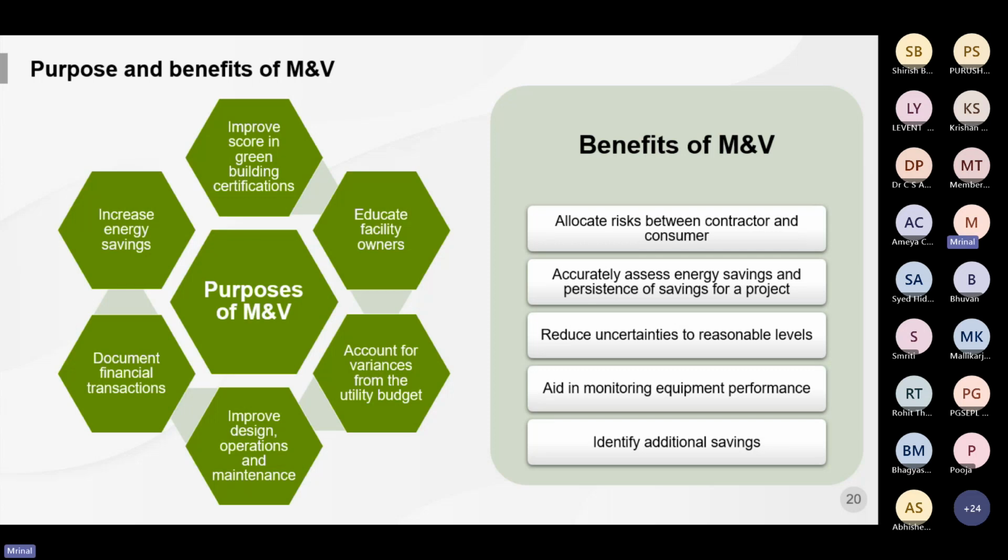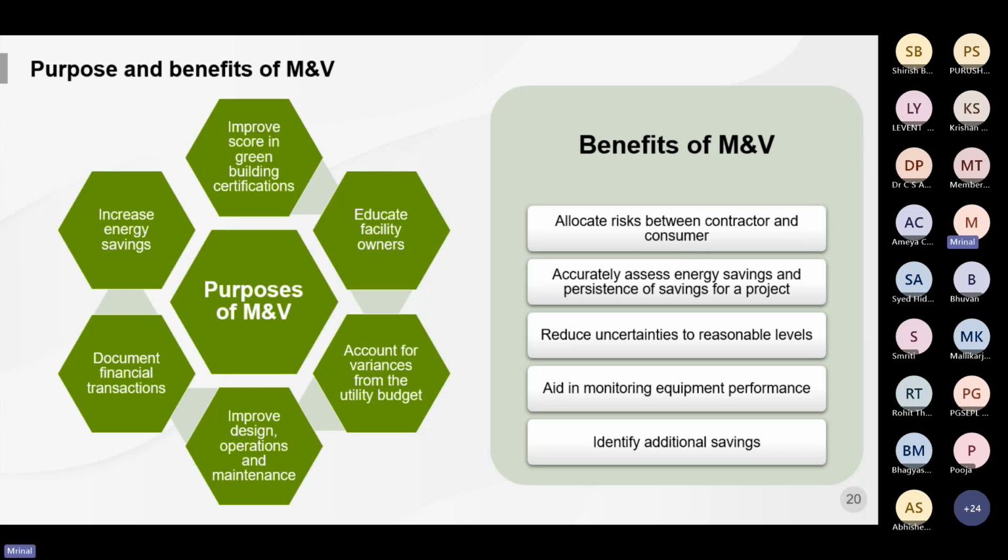Benefits of M&V. The first benefit is that it allocates risk between contractor and the consumers. So it is very important to define the roles and responsibilities of each stakeholder. If we do the M&V, risks are defined at the initial phase.